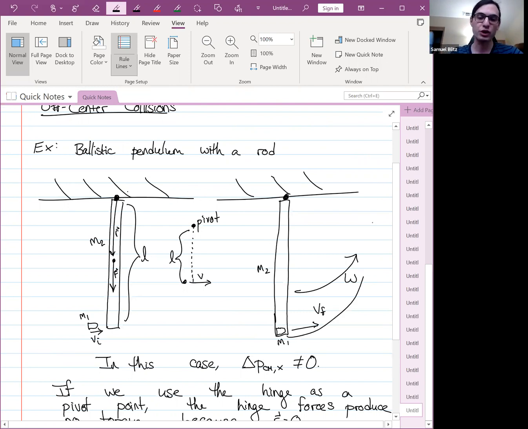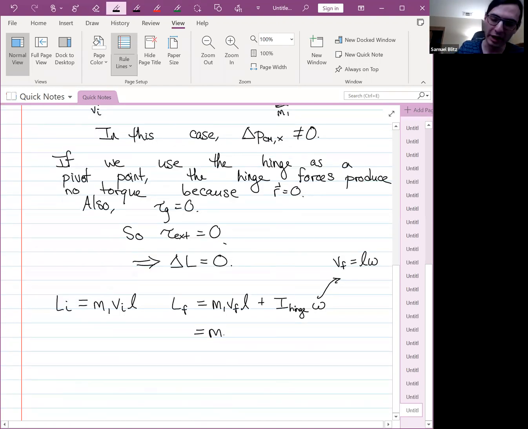But a full revolution is 2 pi r, and that r here is L. It's the same justification that we typically use. So we can substitute this in. We get m1 vf times L plus I hinge times vf over L.